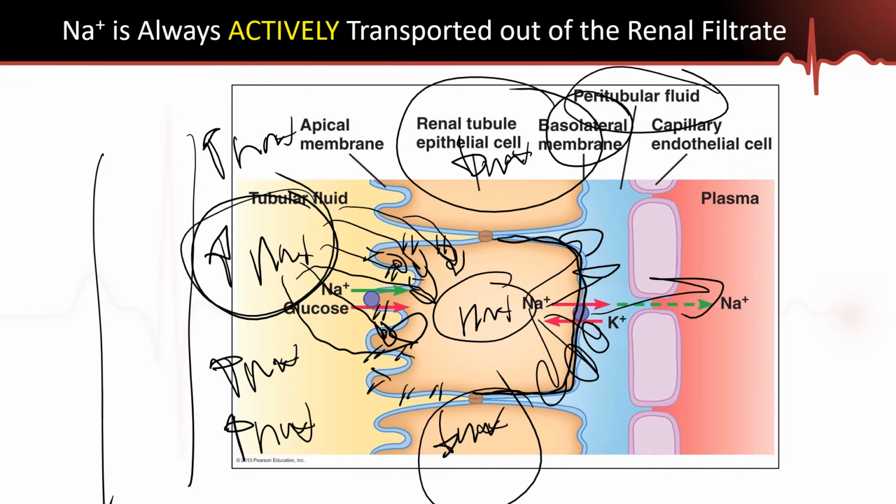We have to get it past the basolateral membrane, the portion of the plasma membrane of the epithelial cell that faces the interstitial fluid. And yet again, the core of the plasma membrane is nonpolar, and sodium is a positive ion. So naturally, sodium is not going to be able to get past the plasma membrane. So how do we accomplish this?